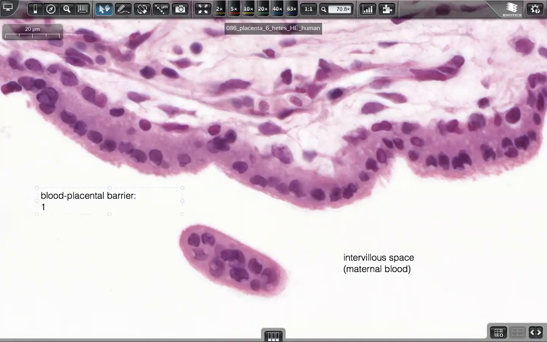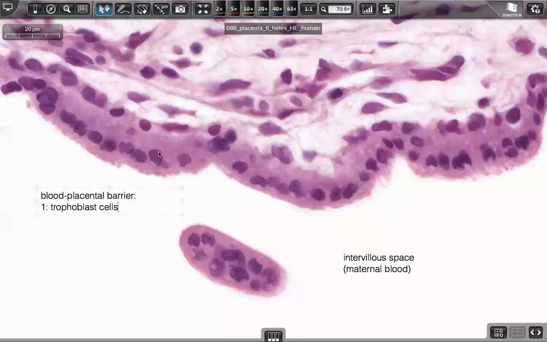The first one, the trophoblast cells. We can mention that at the first part of the pregnancy and until the end of the 4th month we have the cytotrophoblast layer as well, but later just the syncytial trophoblast.